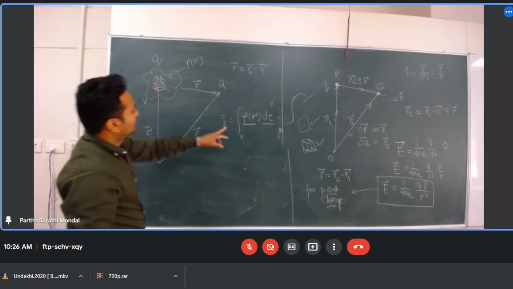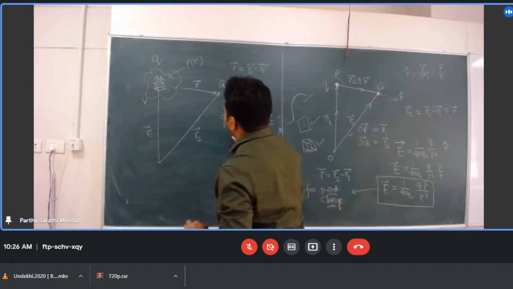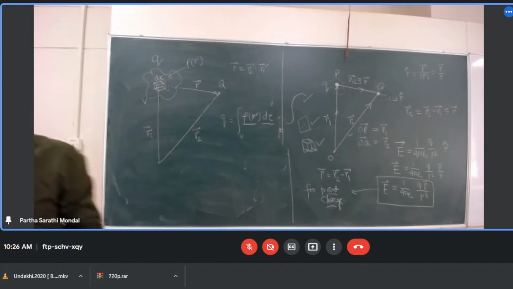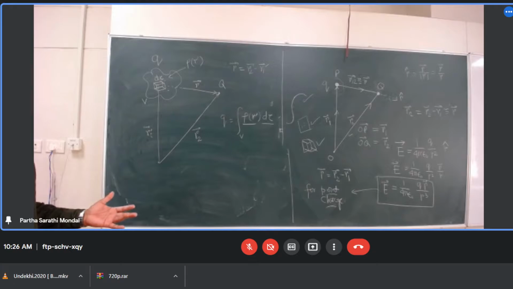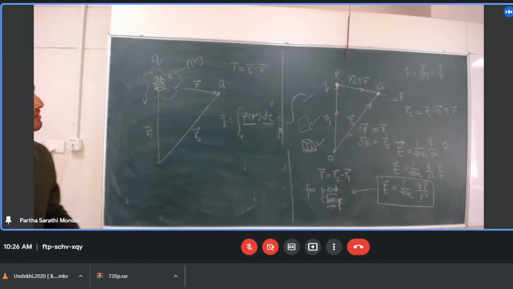So that means you have to do the integration over the whole volume. यही है actually the basic concept for volume integral. समझ में है ना?